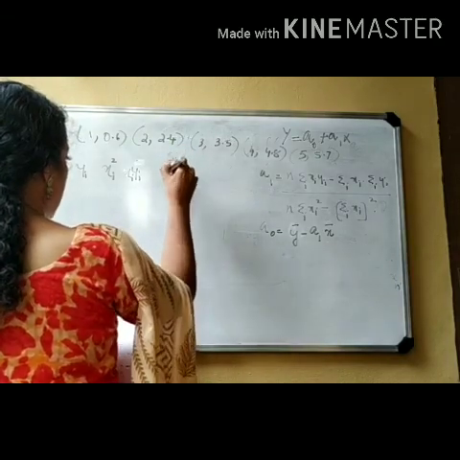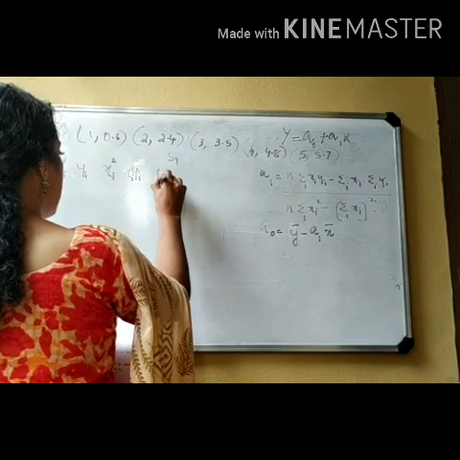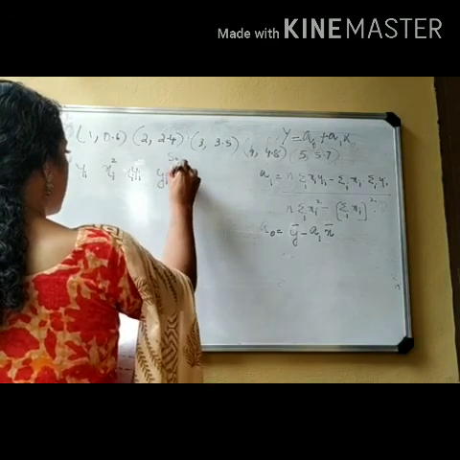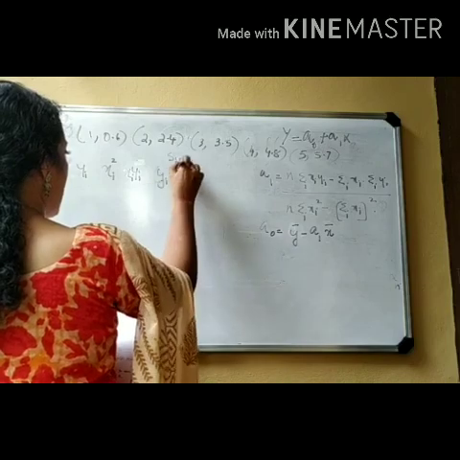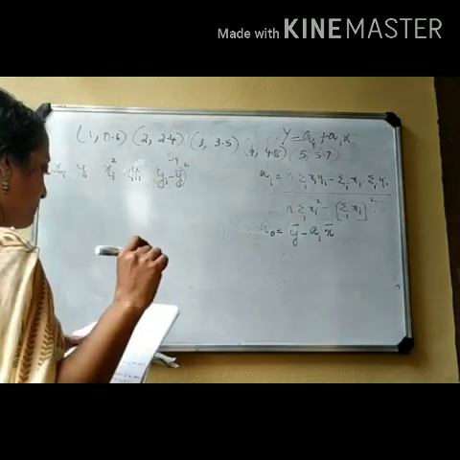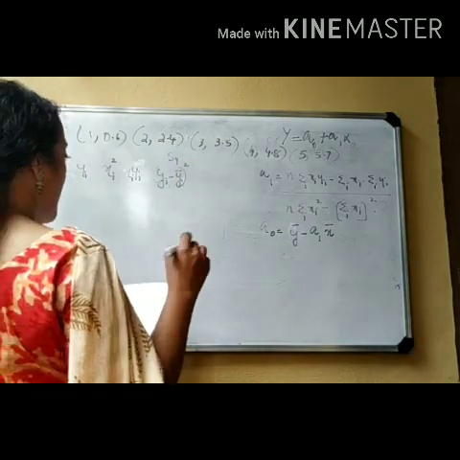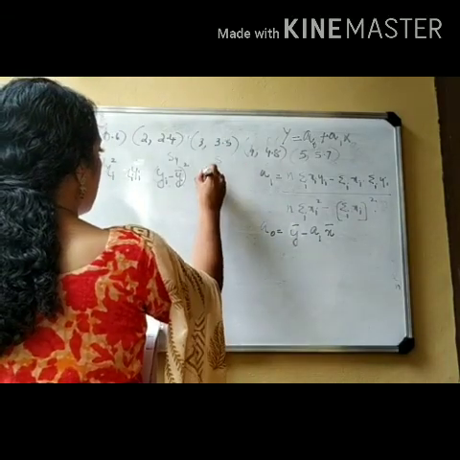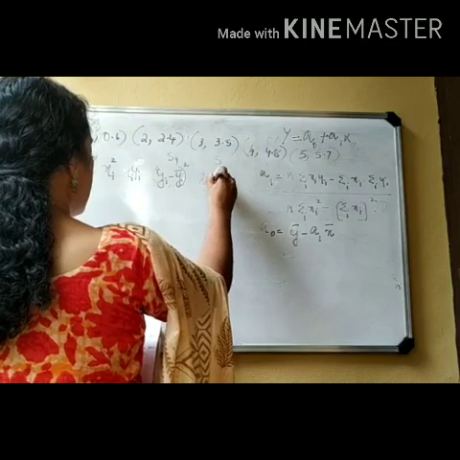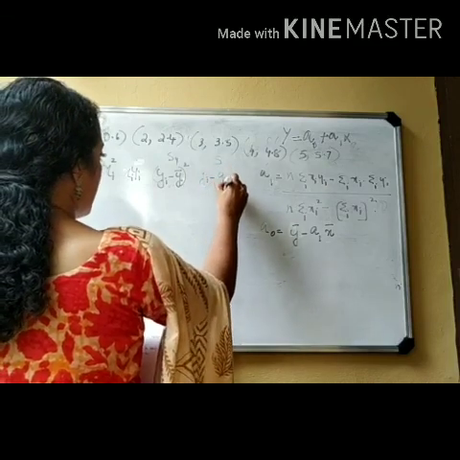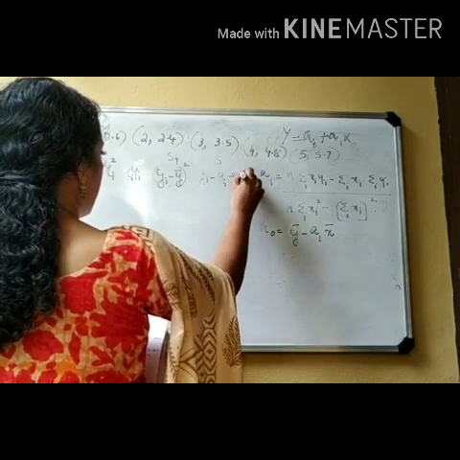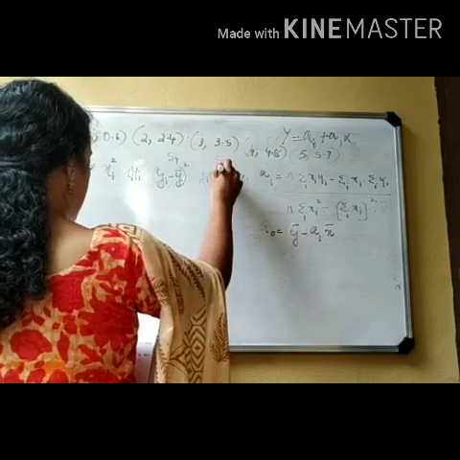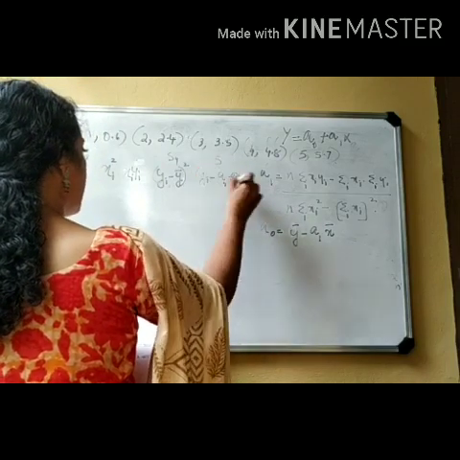Then the next one is Sy. Sy is actually yi minus y bar, the whole square. Then S is yi minus A0 minus A1 xi, square.